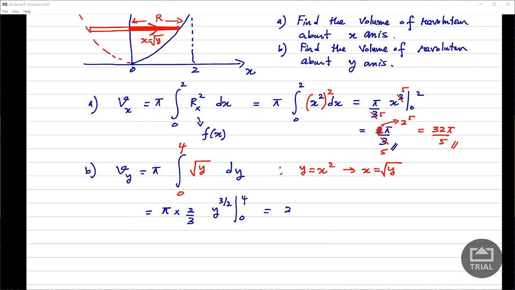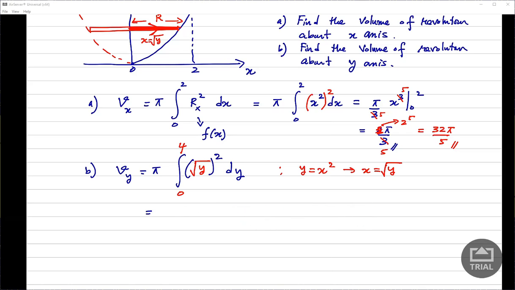So 2 pi divided by 3 times, if you put 4 here, it's going to be 8. But aren't you supposed to square the root of y? Yeah, so you are right. So this should be squared. Yes, you are right. I forgot that square thing.